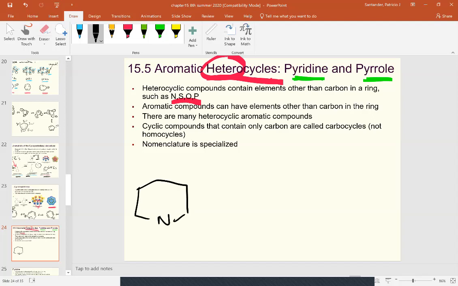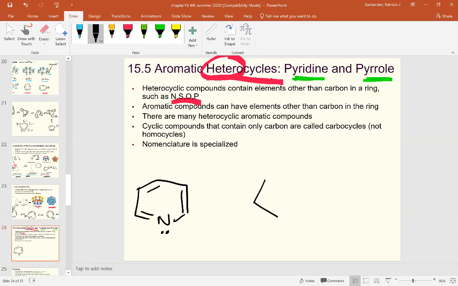In the case of pyridine, pyridine is very, very similar to benzene. You have a 6-member ring. You have 3 double bonds. The only difference is that one of the elements of this ring of 6 is not a carbon, but a nitrogen. And we will see that that nitrogen still has a pair of electrons that doesn't participate in the pi system.